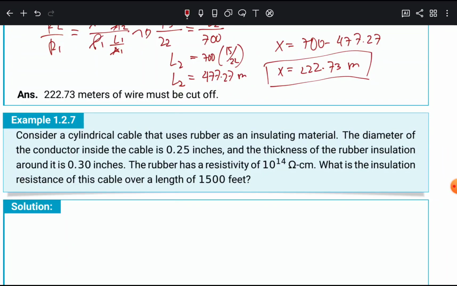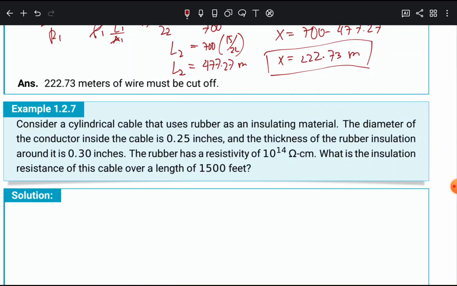Next, this example is actually an example of the insulation resistance of cables. The first thing that we'll be doing will be deriving the formula, and later on you can just use the formula if it's the same setup for solving the insulation resistance. So this is the insulation resistance.